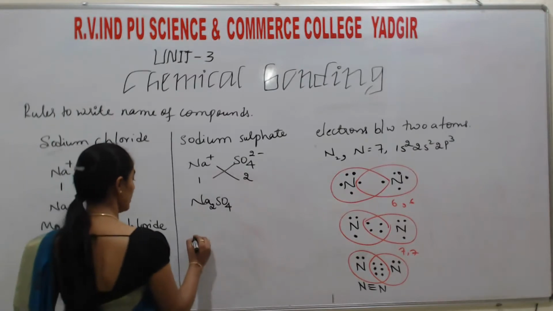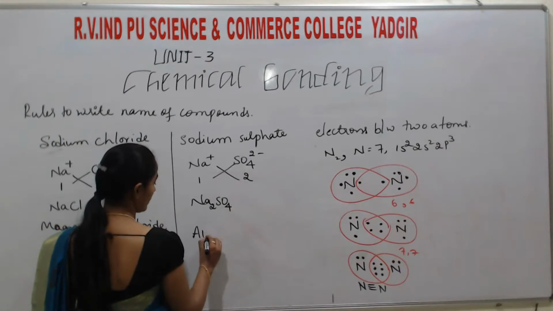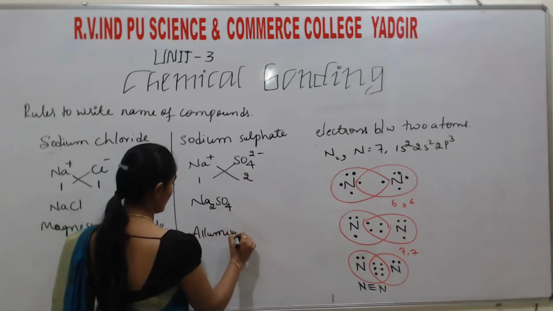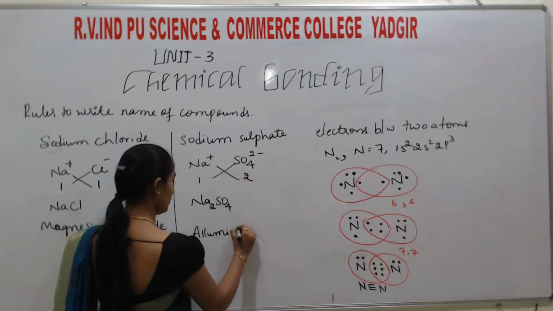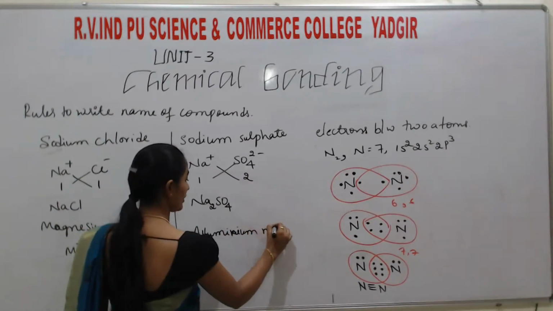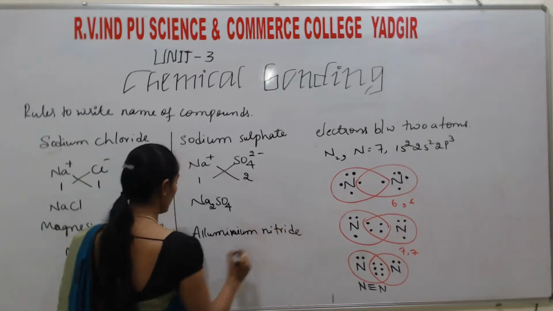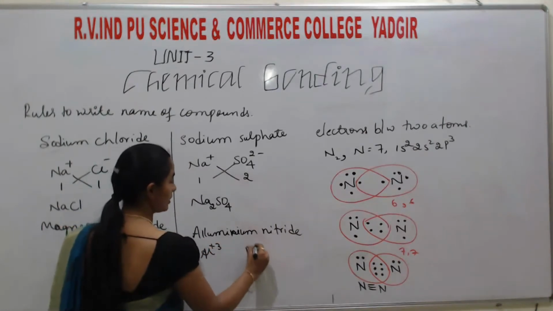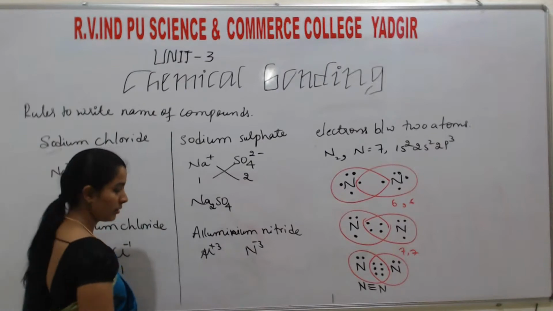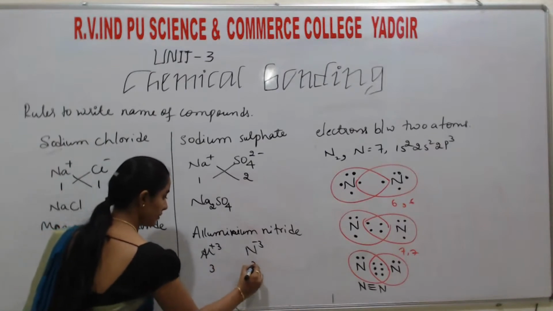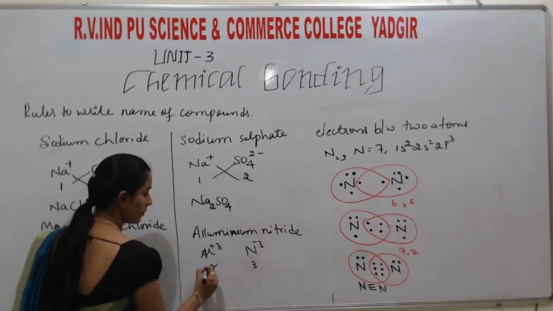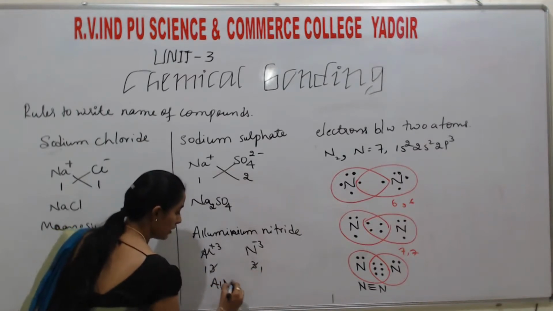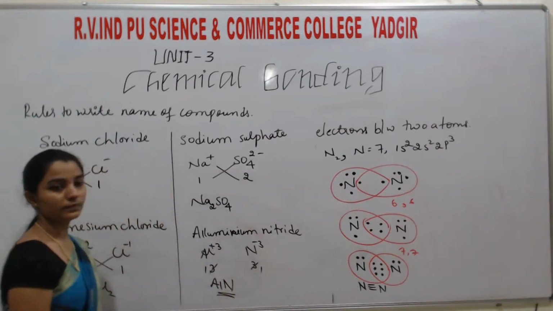Another, they may give aluminium nitride. Okay, so Al is +3 charge, N is -3 charge. So here it is 3, 3. This may be divided by the common factor, so the formula is AlN. Understand?